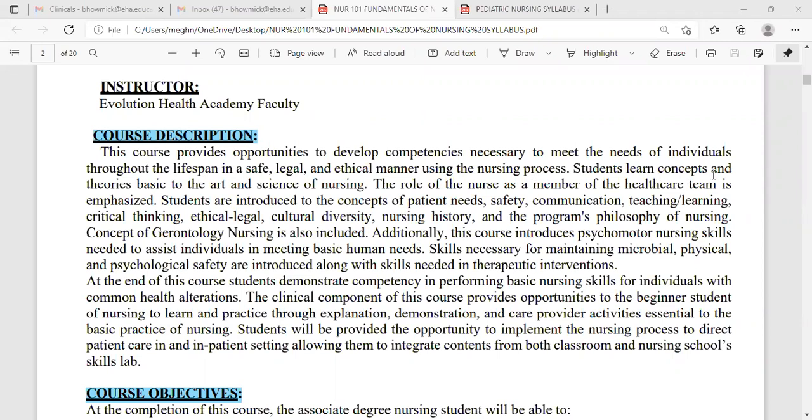The student learns concepts and theory basis to the art and science of nursing, right? And here, the role of the nurse and the healthcare team is emphasized. The students are introduced to the concepts of patient need, safety, communication, teaching and learning, critical thinking, ethics, cultural diversity, nursing history, program philosophy of nursing, concepts of gerontology.